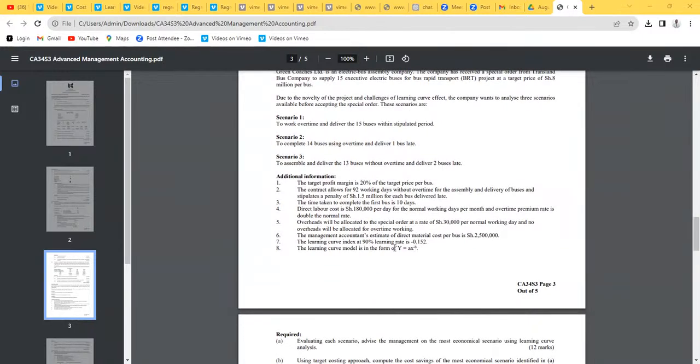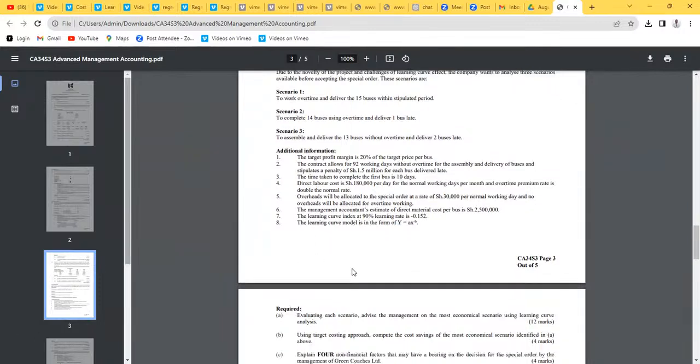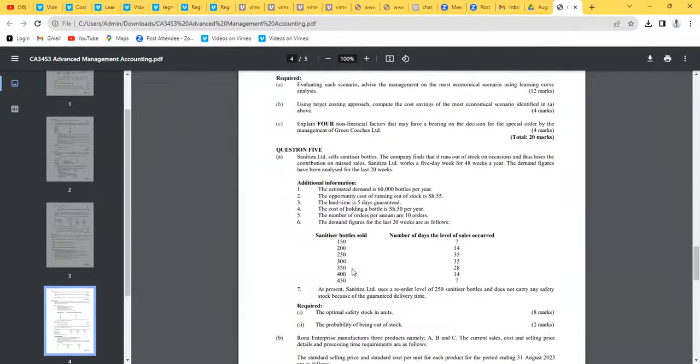If it is raised to power b, then x should be the cumulative, and y should be the average. Then required: evaluate each scenario and advise the management on the most economical scenario using learning curve analysis. Using target costing approach, compute the cost saving of the most economical scenario identified in A above.